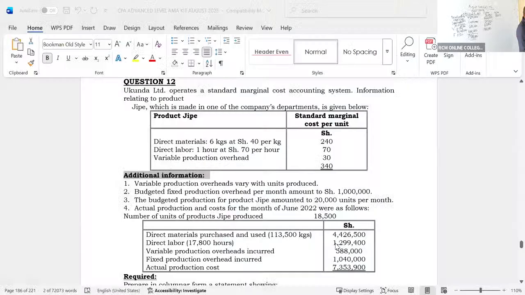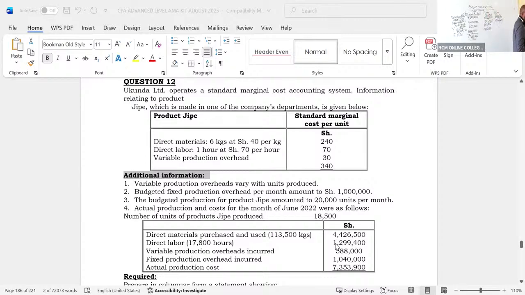So you can see direct materials. Are you able to see 44,26,500? So long as you don't mix those things. Direct labor, I can see it is 12,99,400. Then we have variable overheads.